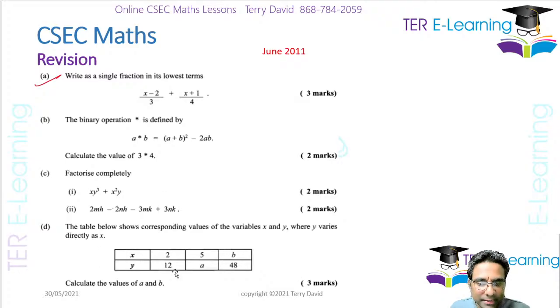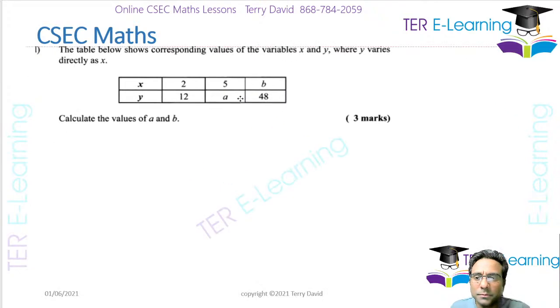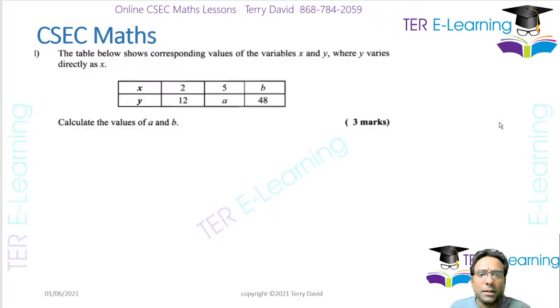And the last part now, right, that has to do with variation. So they said y varies directly as x, and they want us to calculate the value of a and b. So this is what we call a variation question.